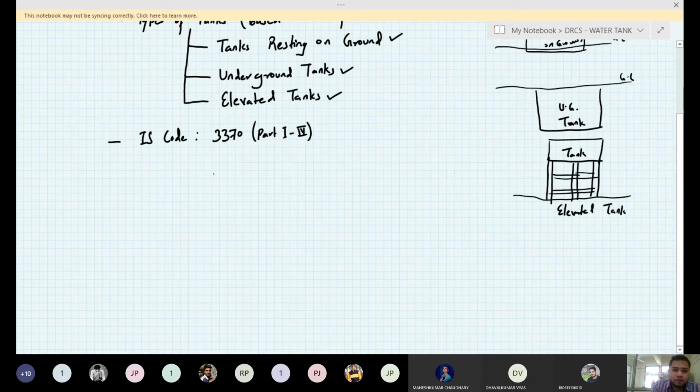See, depending on the capacity of the tank, we can have small capacity tanks and large capacity tanks.